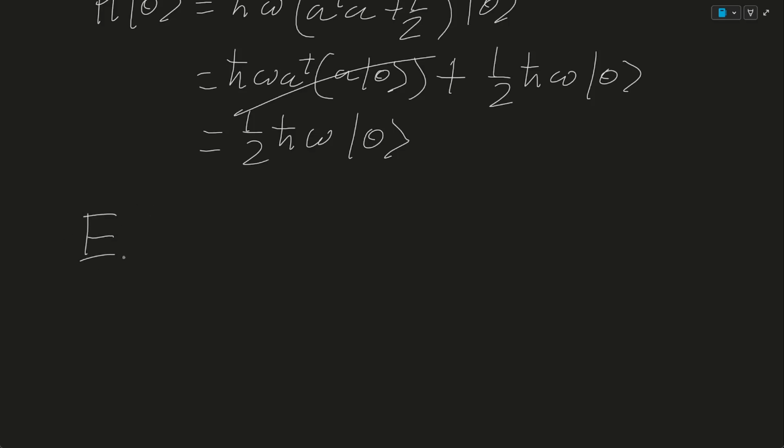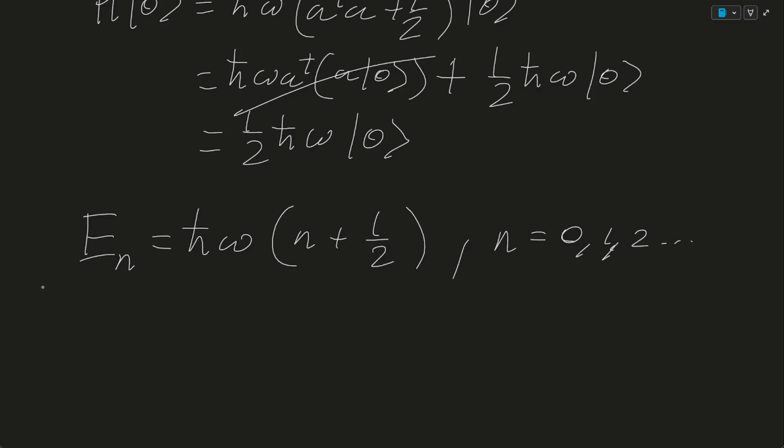And we end up with this final expression for our energy spectrum ladder to be ħω times n plus a half, where n is 0, 1, 2. Well, this is a pretty wicked result, isn't it?